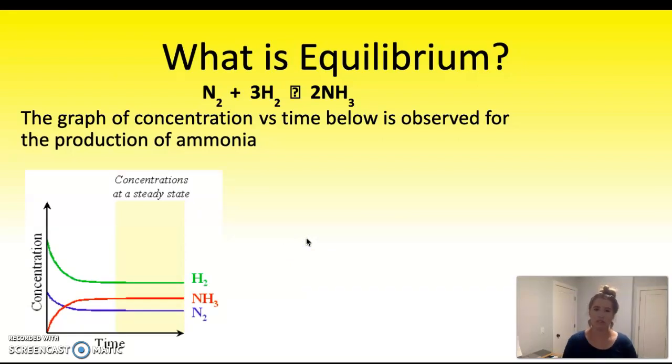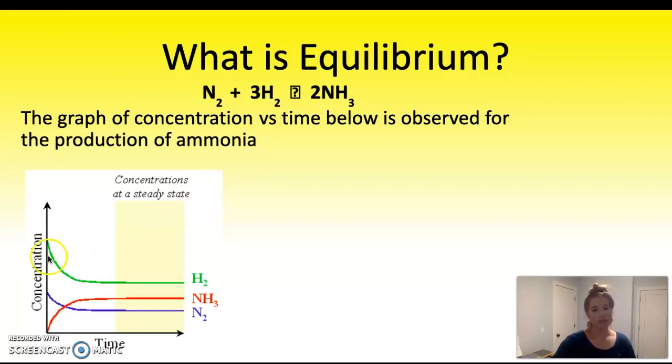Okay, so we see this graph here where we're taking nitrogen and hydrogen and we're producing ammonia. So we have nitrogen gas, hydrogen gas, and it's producing ammonia. Sorry about the question mark here. That should be a double arrow instead of a single arrow. An arrow going to the reactants and an arrow going to the products. Make sure you see that in your notes.